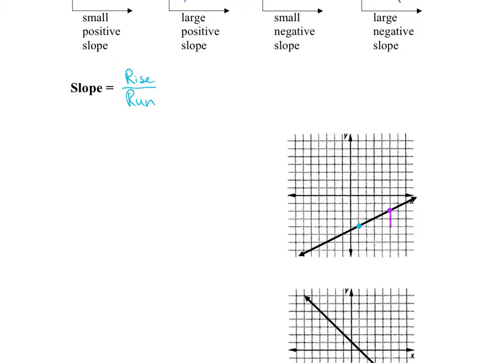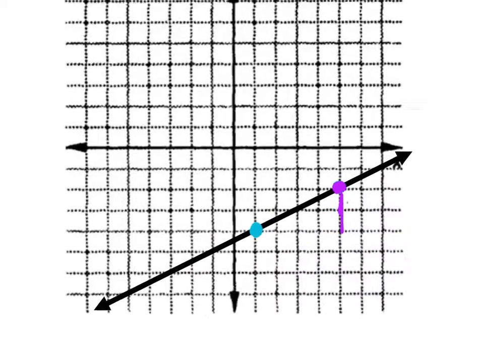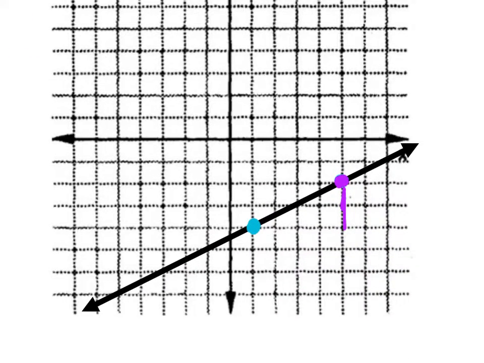We'll label this point 1 and this point 2. So how far up does it have to go? How many boxes up does it go? 2. So this is like 2 spaces up. How far is my run? 4. So we have a rise over a run.